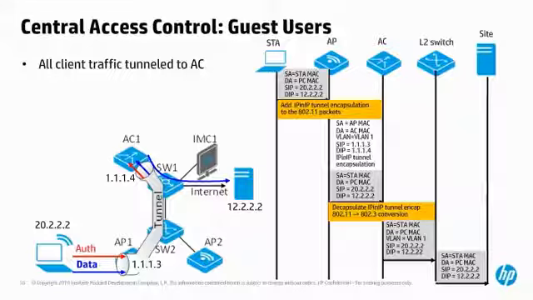Centrally switched SSID traffic can only go to the AC. Once the AC receives it, it could be configured to send this frame out a separate logical interface. This interface could be connected to a separate internet connection that is only used for guest traffic. For these reasons, this is a very appropriate solution for guest users.